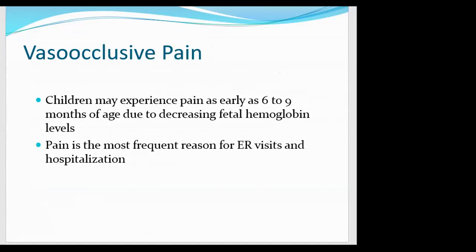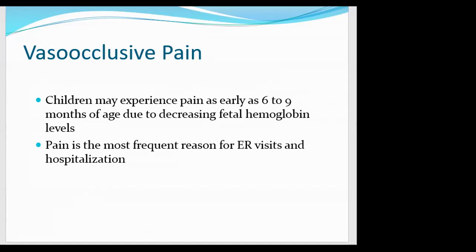So, as I mentioned earlier, children may not experience pain early on in infancy. They may start experiencing pain as early as 6 to 9 months. So 6 to 9 months, that's when that fetal hemoglobin, that hemoglobin F, starts going to either hemoglobin A or hemoglobin S. More than likely in a child with sickle cell disease, it's going to go to hemoglobin S. So this is the patient at this age.